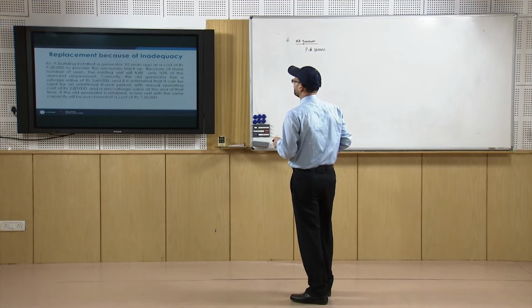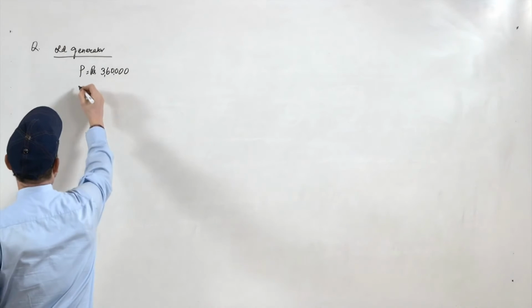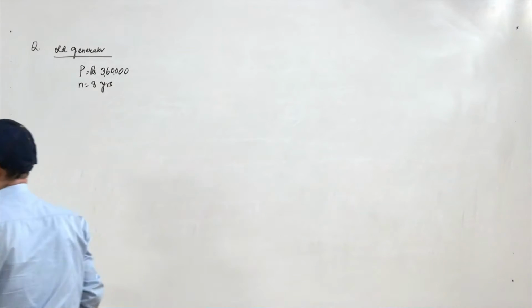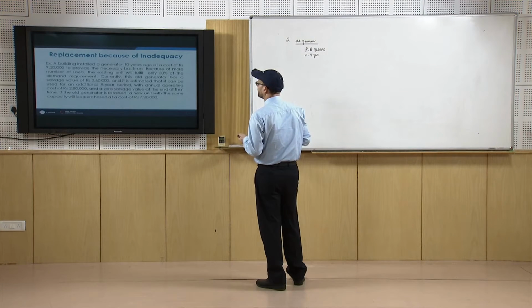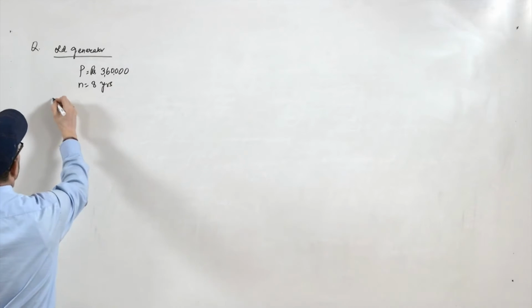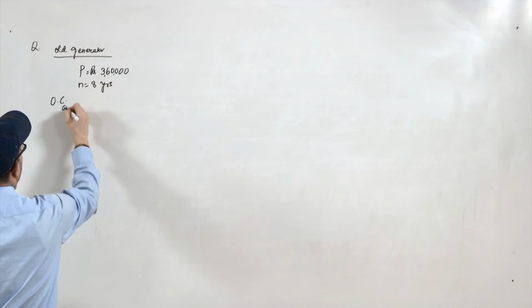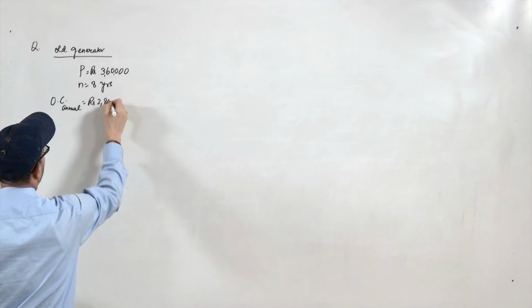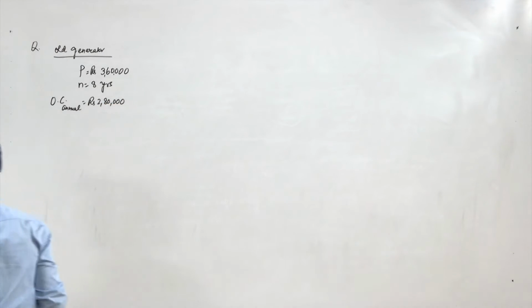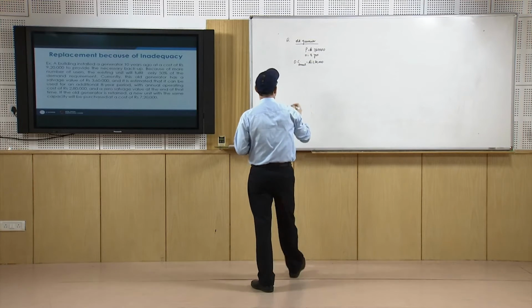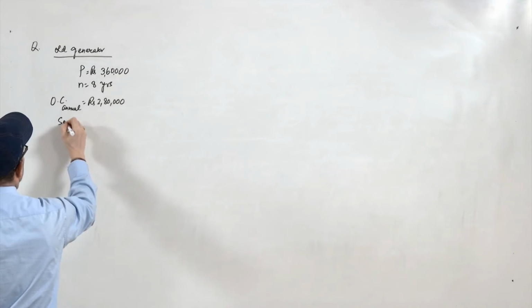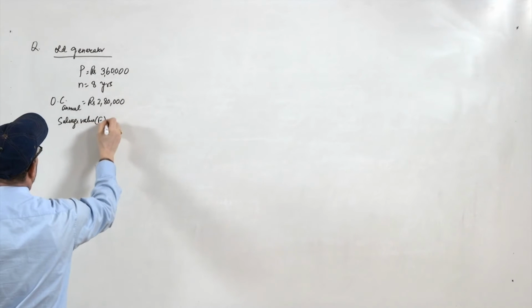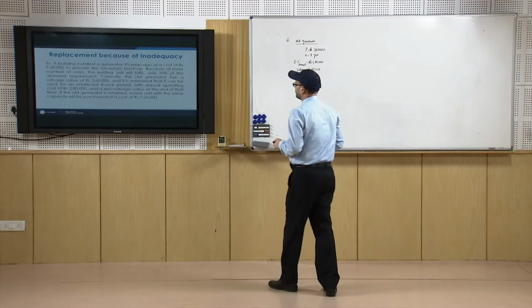Life is 8 years, annual operating cost is 2,80,000, and salvage value at the end of the life is 0.